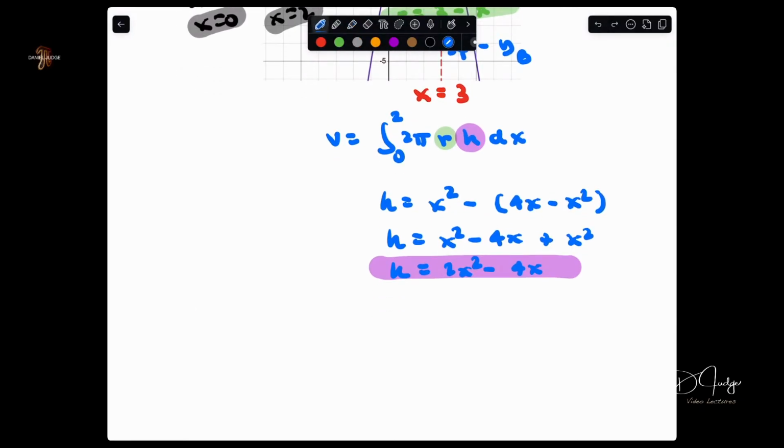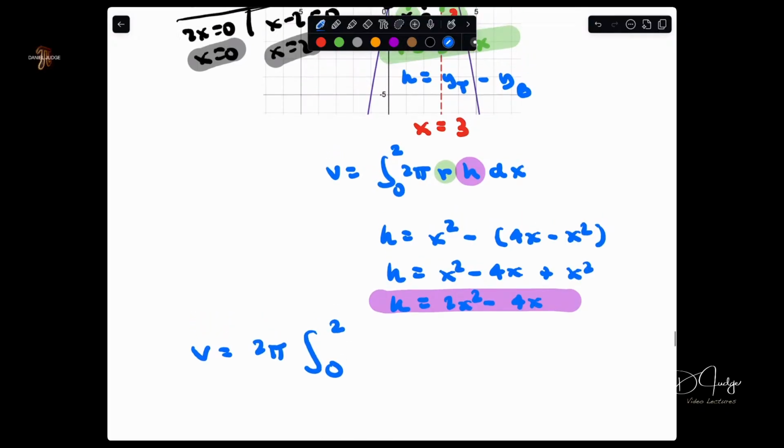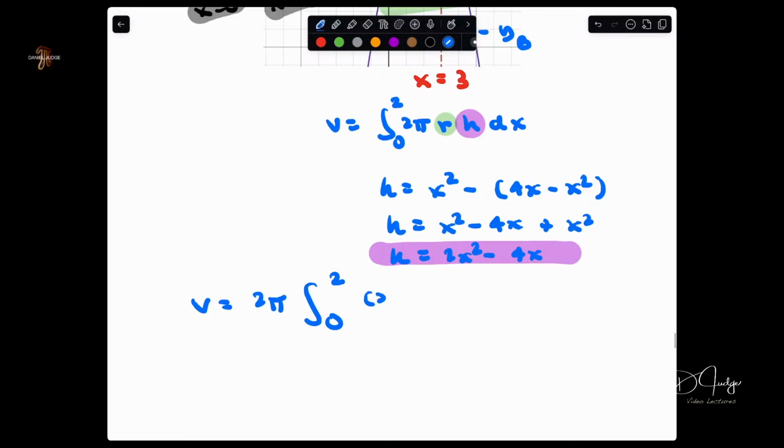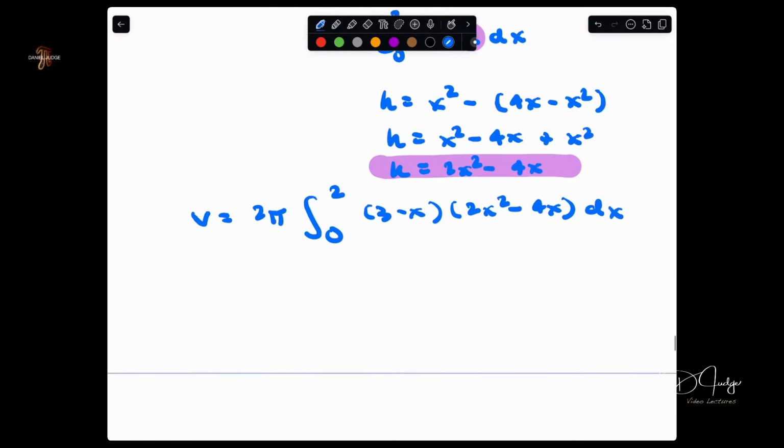We're going to have some algebra here to do. R is 3 minus x. The height, 2x squared minus 4x, and then that'll be our dx. So let me give you guys this color here, radius and your height there.